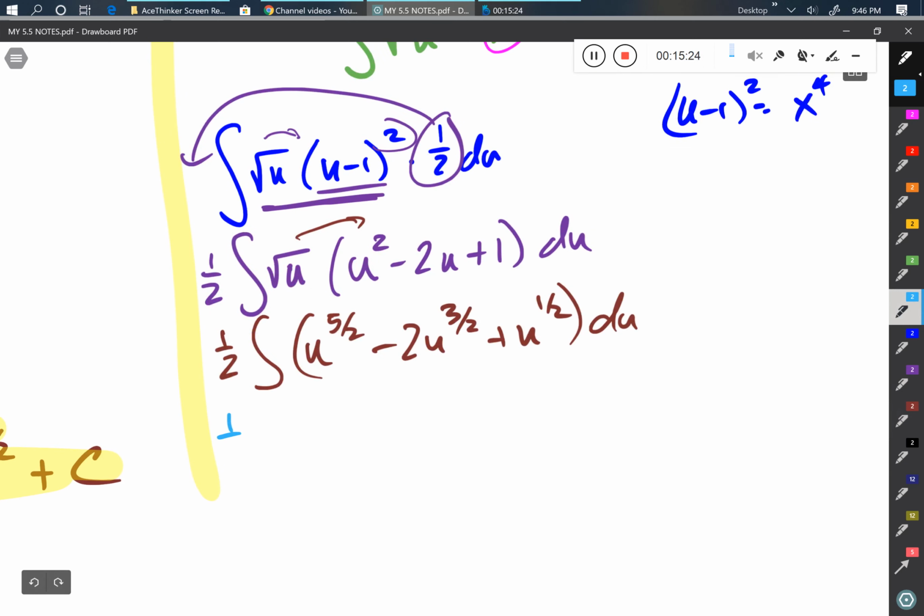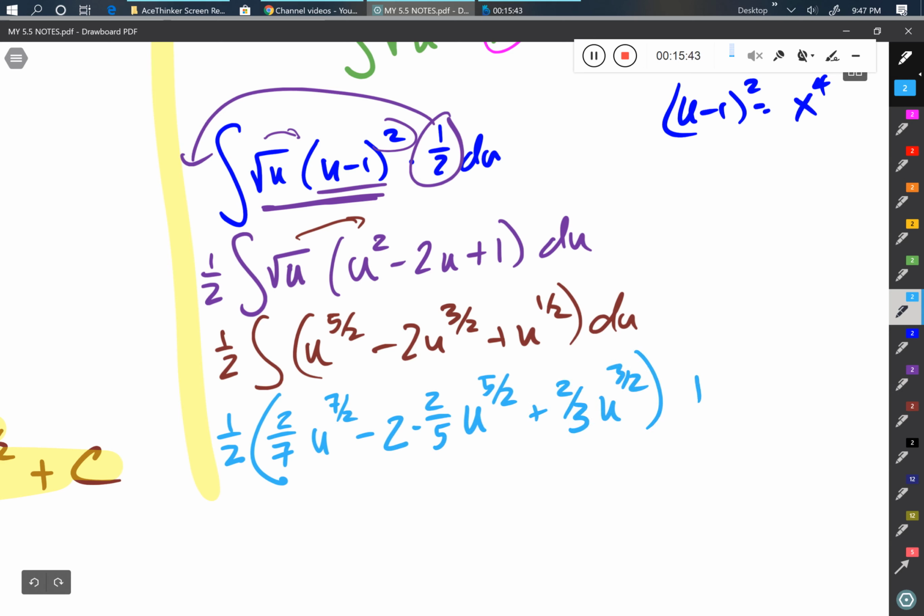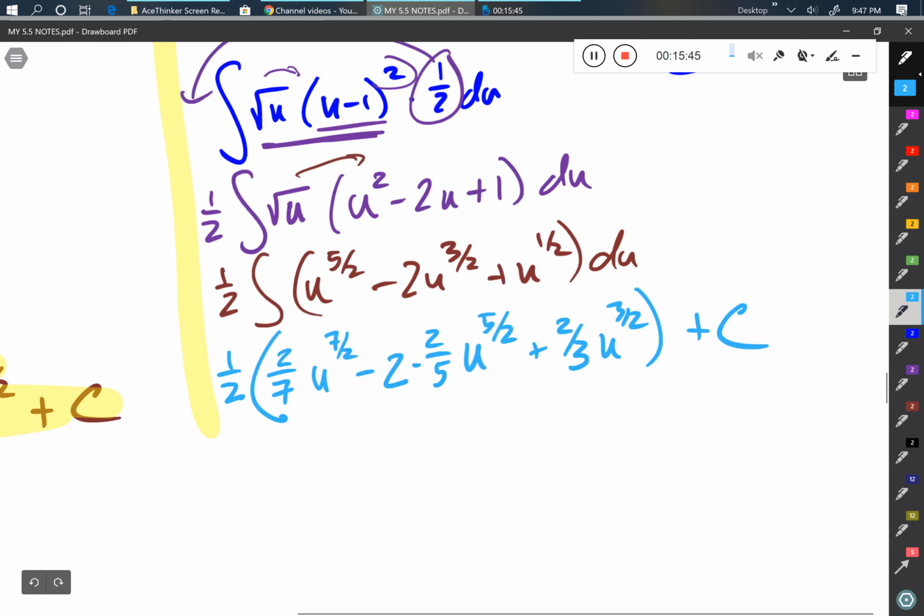I'm going to integrate. U to the 5/2 is going to be 2/7 u to the 7/2, minus 2 times 2/5 u to the 5/2, plus 2/3 u to the 3/2 plus c.